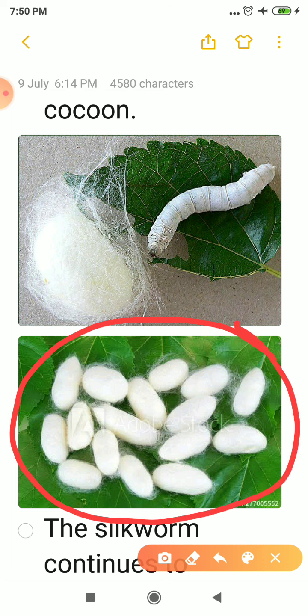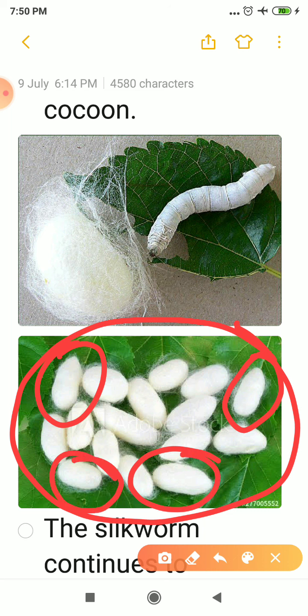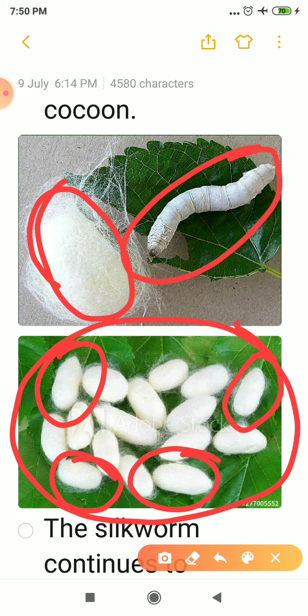They made a small cylindrical box with this filament, and when this box is ready, they put themselves inside and close this box. See here, this is all closed from each side. Once this is ready, the caterpillar gets inside through an opening, and after that it closes that opening.